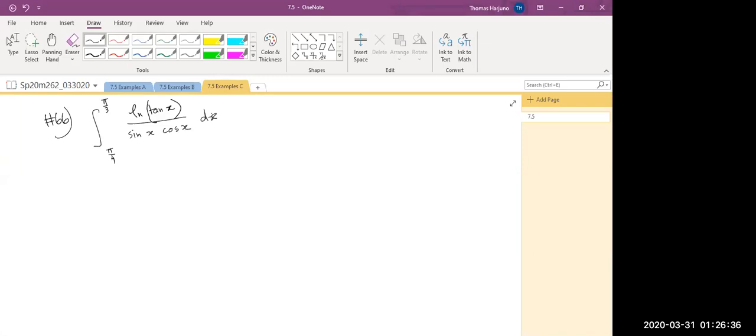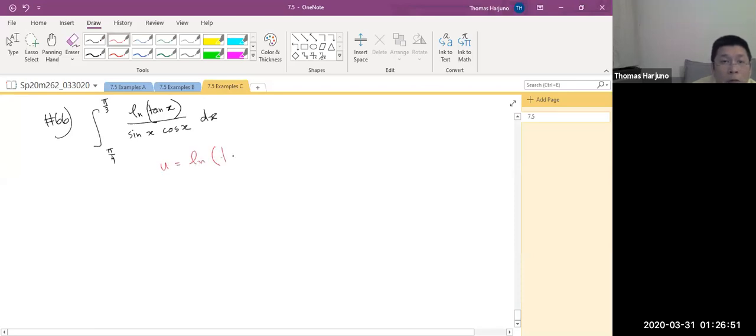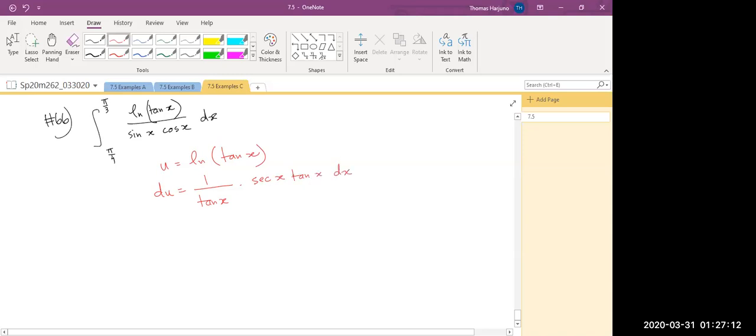Is this U substitution where we U sub ln tan x? Okay, let's try. I don't know though. So ln of tangent x. The derivative will be 1 over tangent x times the derivative of tangent, which is secant squared x, I think.